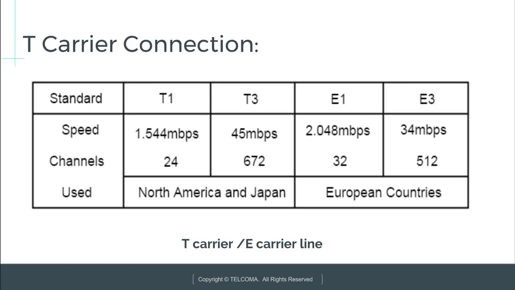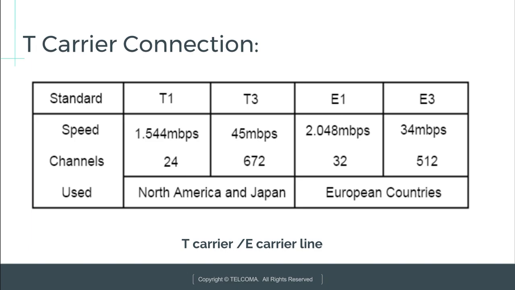The next is the comparison of T1 and T3 with E1 and E3 carrier lines. T1 and T3 lines are used in North America and Japan, whereas E1 and E3 lines are the European lines used in European countries. The speed of T1 is 1.544 Mbps, whereas E1 is 2.048 Mbps.